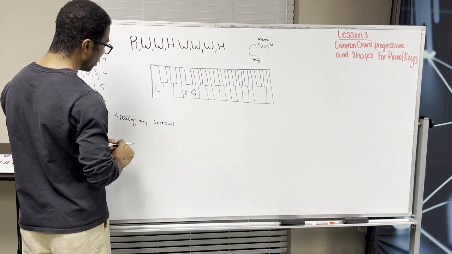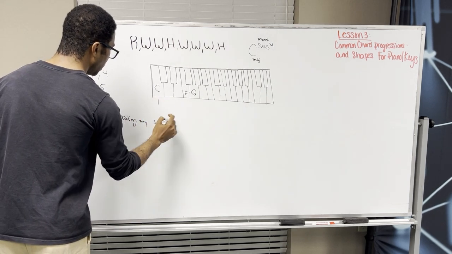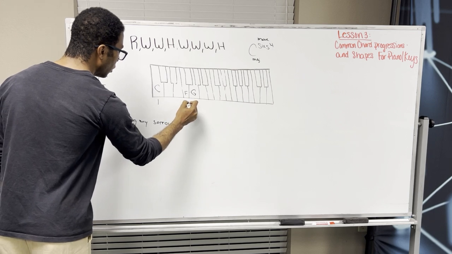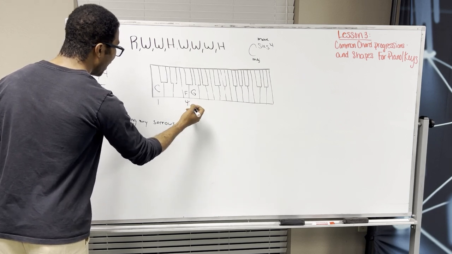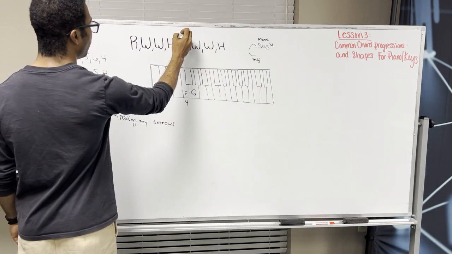So we know that the chord progression for this song is C, our 1, then F, our 4, and then we have a 6. We know our 5 is where our pinky is.